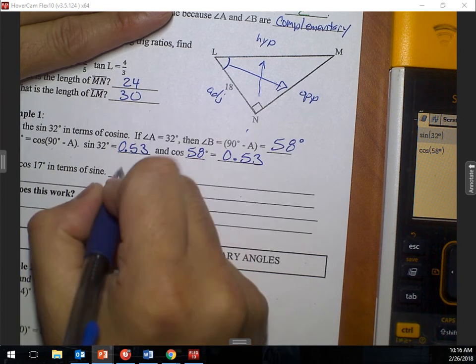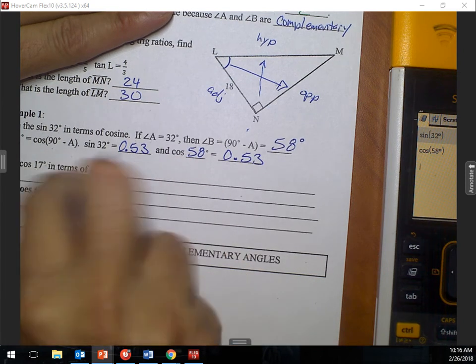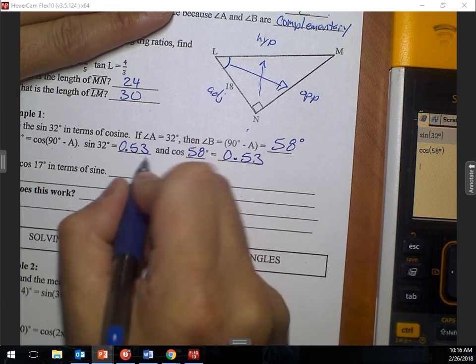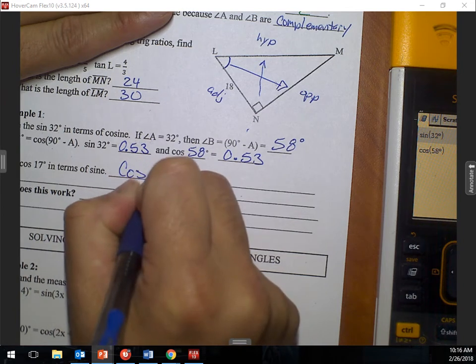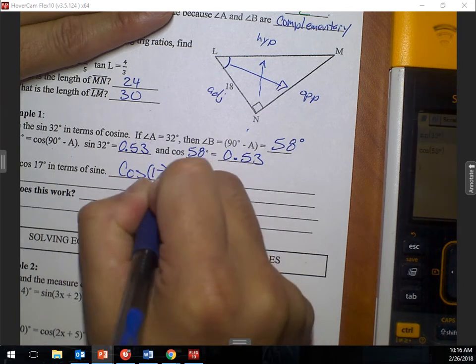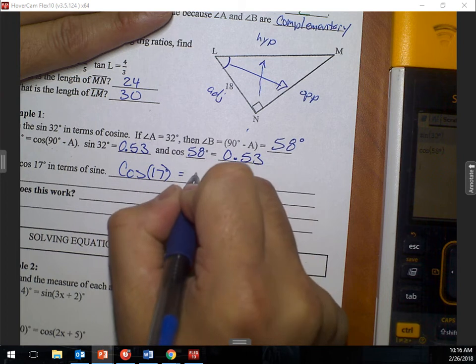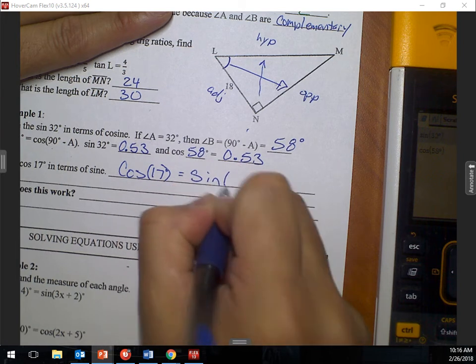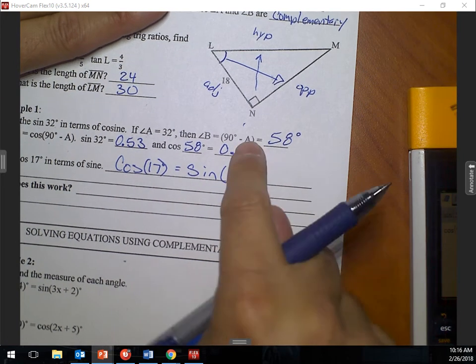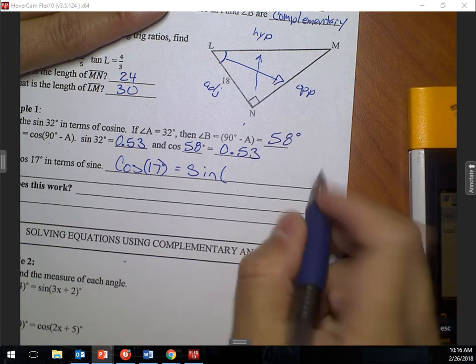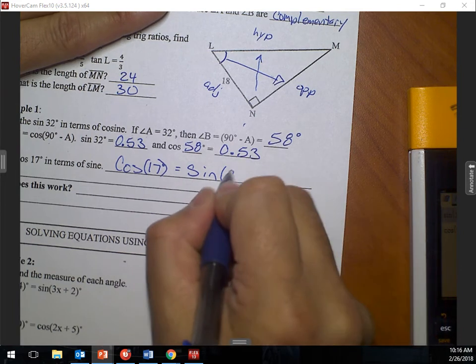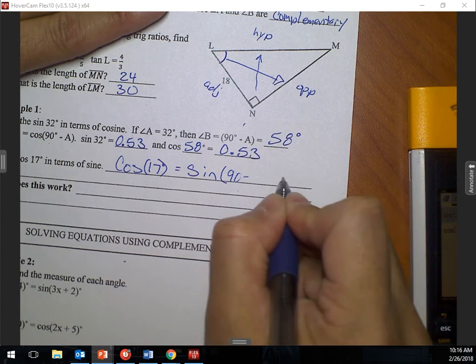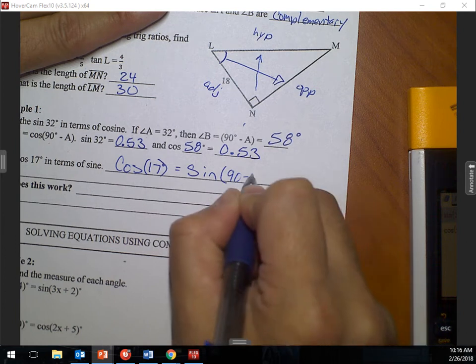Okay? So I could say, write cosine 17 in terms of sine. So it would be cosine of 17 degrees is equal to the sine of, what did I write over here? How would I find the other one? 90 minus 17, right?